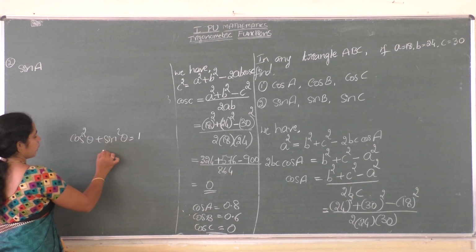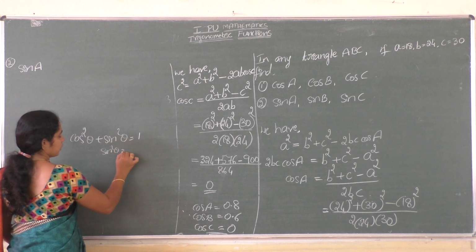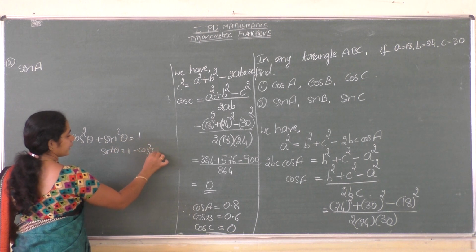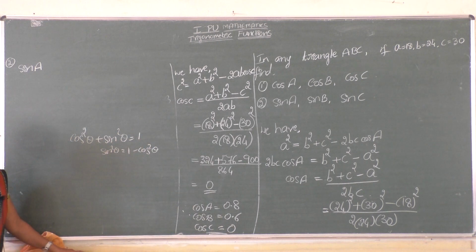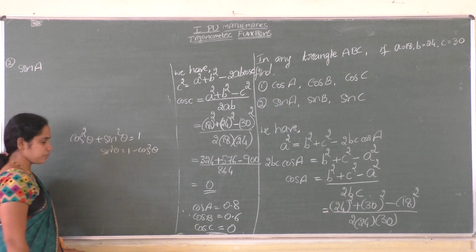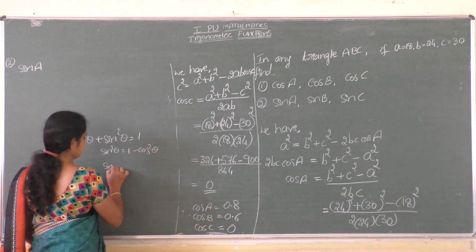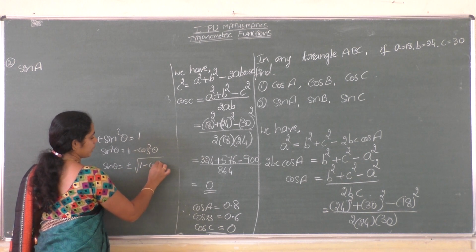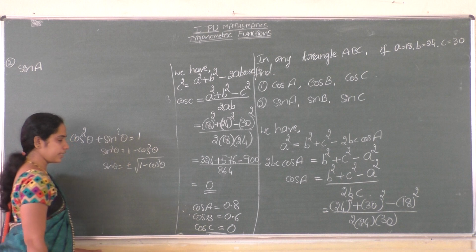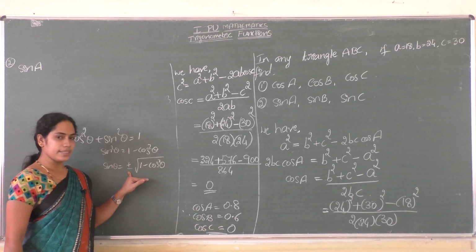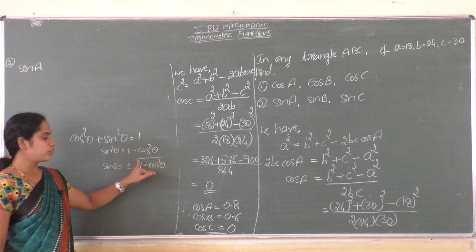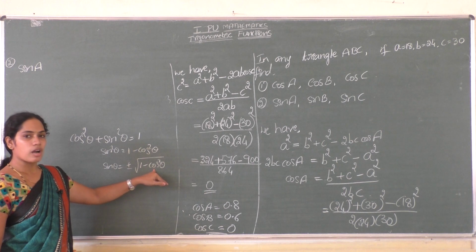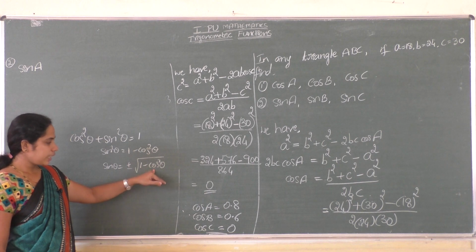So sin square theta is 1 minus cos square theta, and sin theta equals plus or minus square root of 1 minus cos square theta.